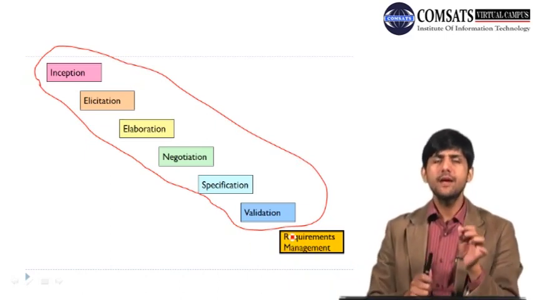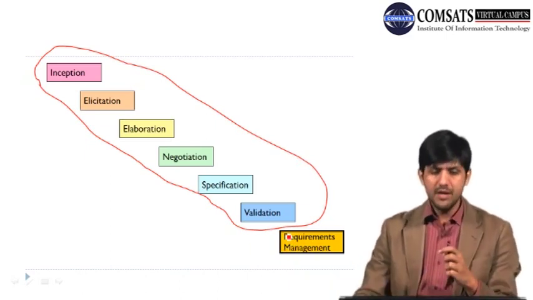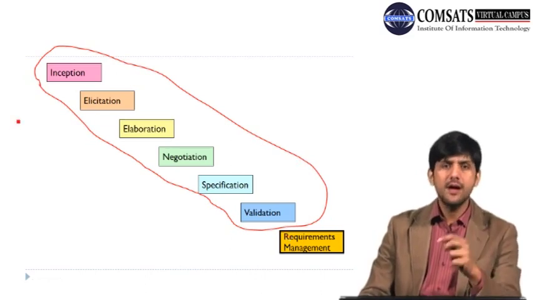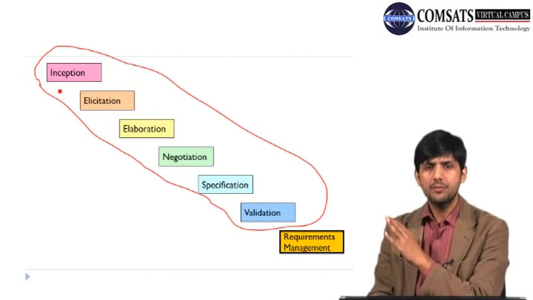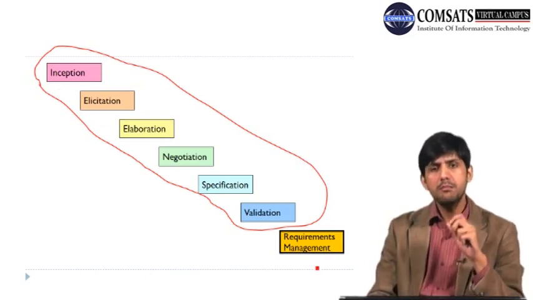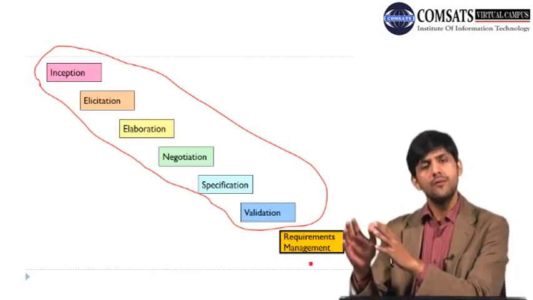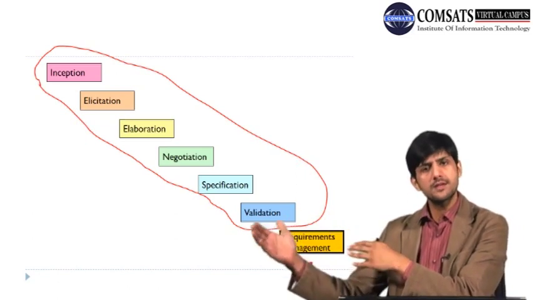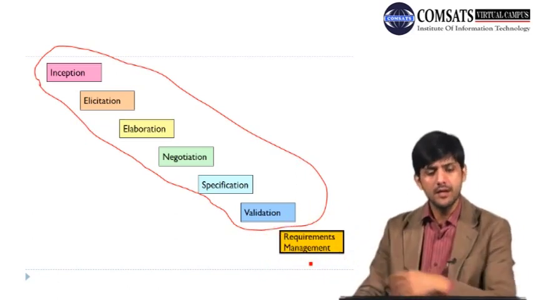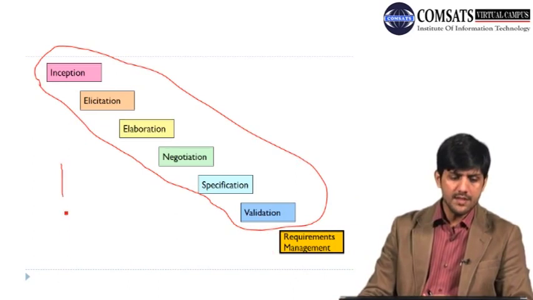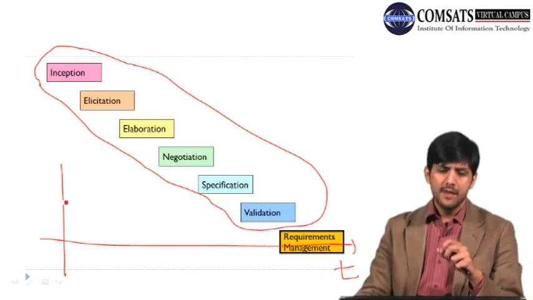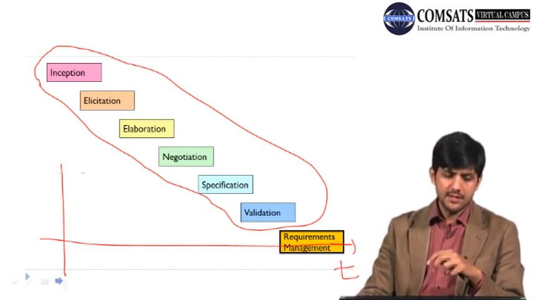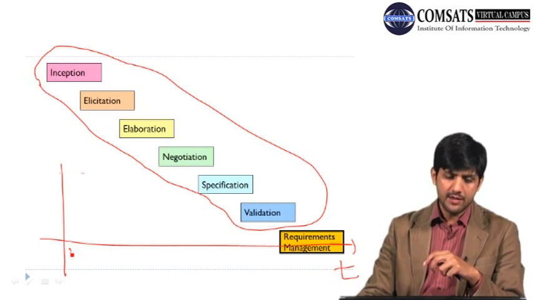One thing we realize is that all of the other tasks of the requirements engineering process finish at a certain point in the project, whereas the requirements management task continues until the project is delivered to the client. For example, say this is the lifeline of your project with time t, and this is day 0.